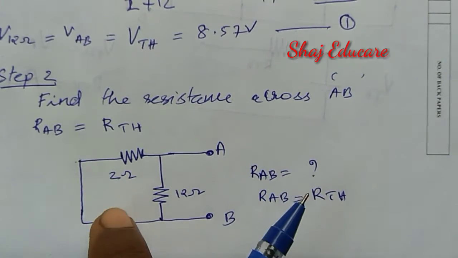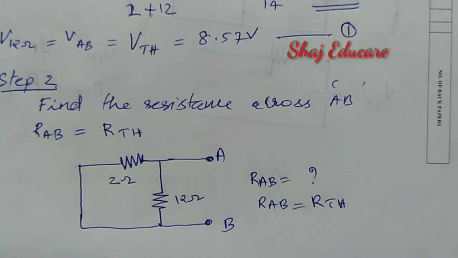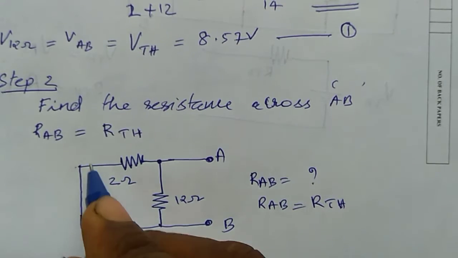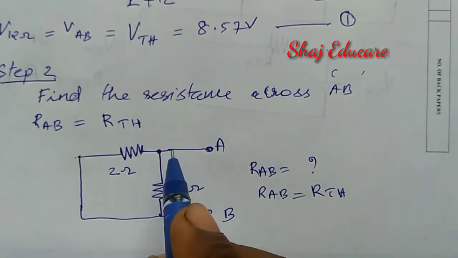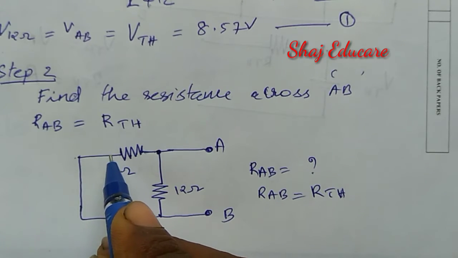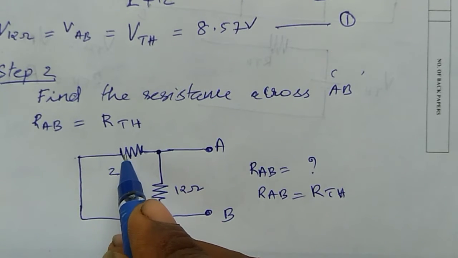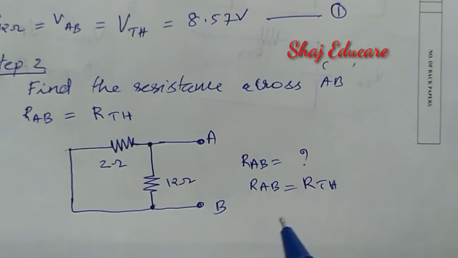How can we find the resistance across A and B? If we look at this network, we can say that the leads of the resistances are connected together. Both the left hand side and upper side are connected together, and the left hand side of the 2 ohm resistance and the bottom portion of the 12 ohm resistance are connected together.